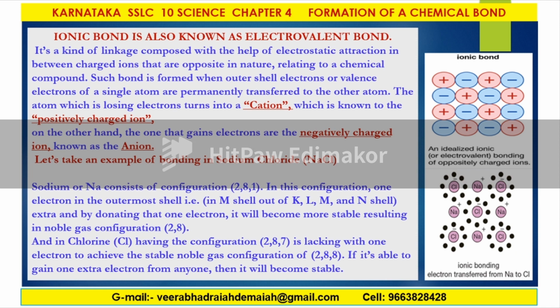And chlorine, having the configuration 2, 8, 7, lacks one electron to achieve the stable noble gas configuration 2, 8, 8. If it is able to gain one electron from anyone, then it will become stable.